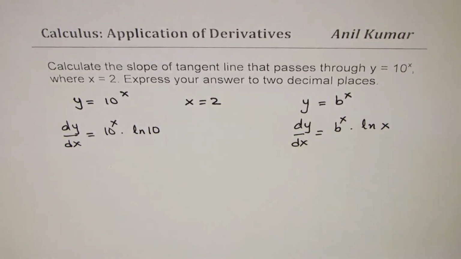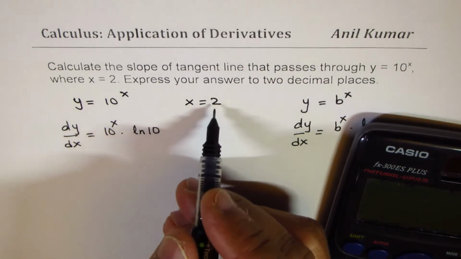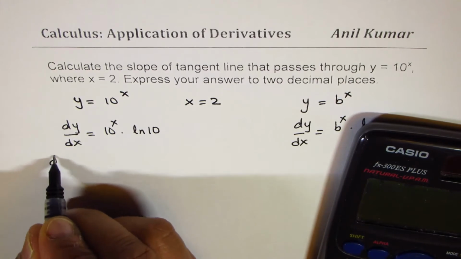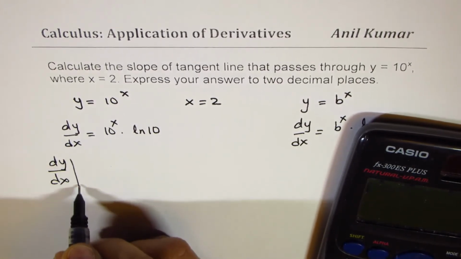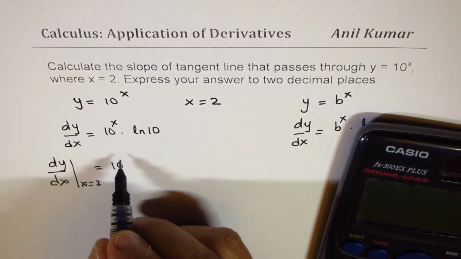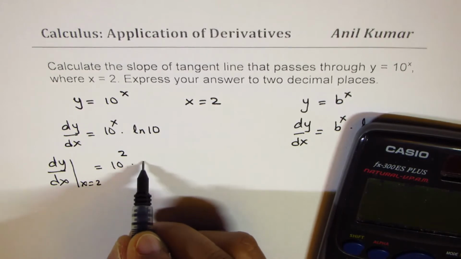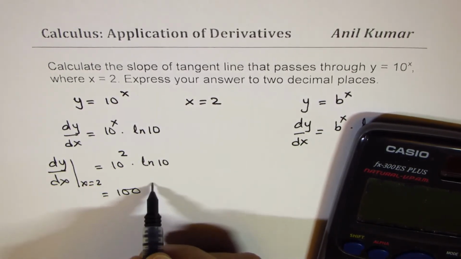So let's use our calculator and find this answer, for x equals 2. So the derivative or slope at x equals 2 will be 10 squared times ln 10, which is 100 times ln 10, right?